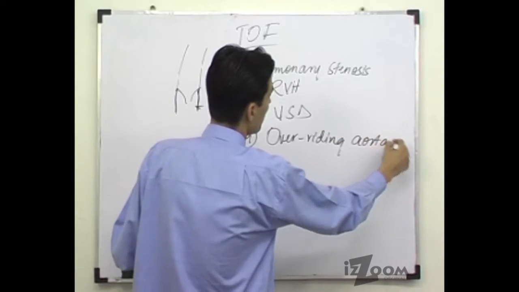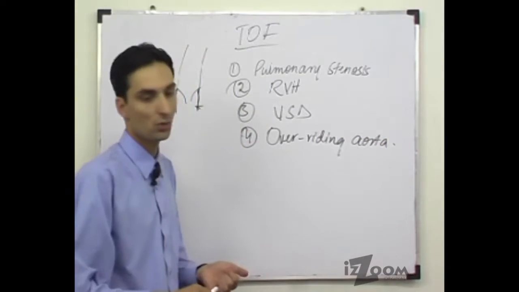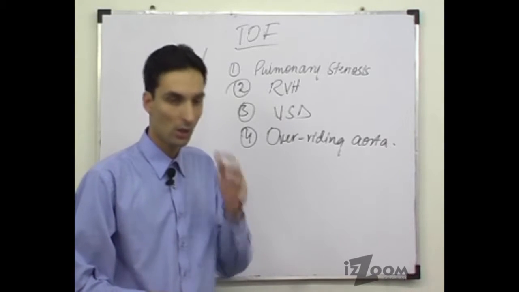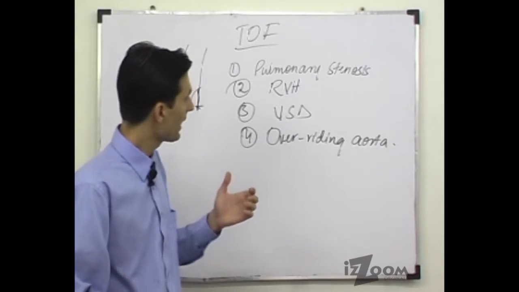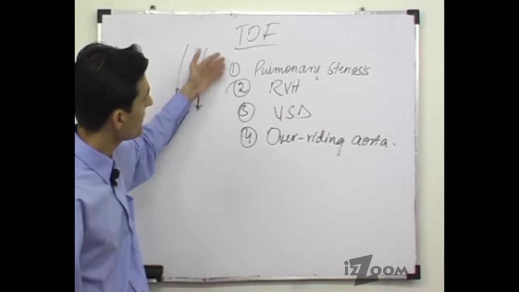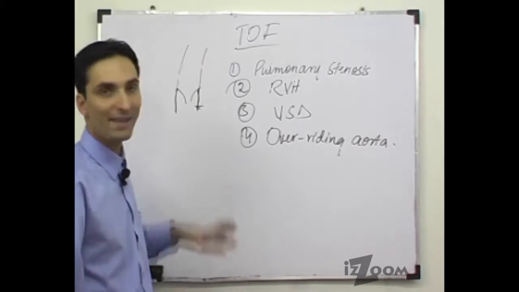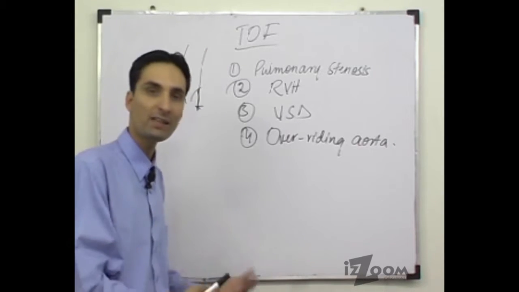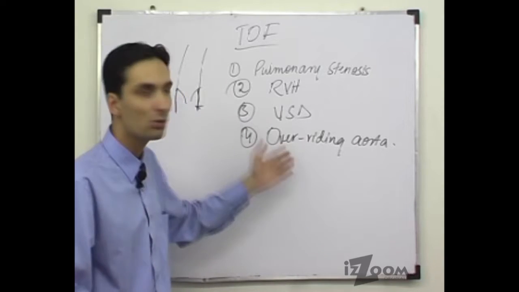So these are the 4 features which constitute Fallot's tetralogy, or tetralogy of Fallot. Now, you must have observed that in Fallot's tetralogy, instead of the left to right shunt, there is a right to left shunt.